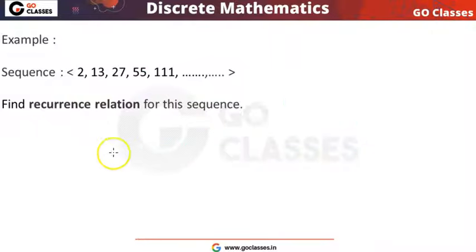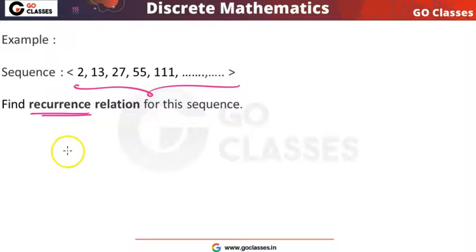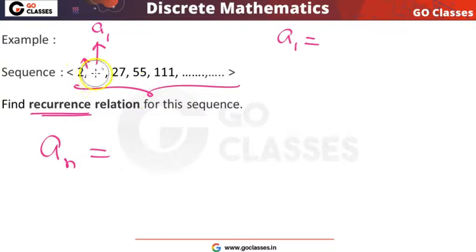Now let's see, find the recurrence relation of this sequence. The sequence given to us is 2, 13, 27, 55, 111.